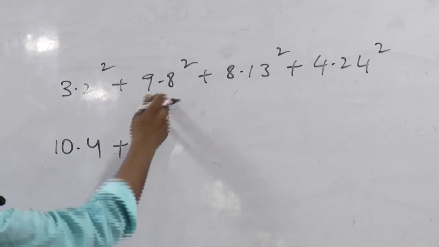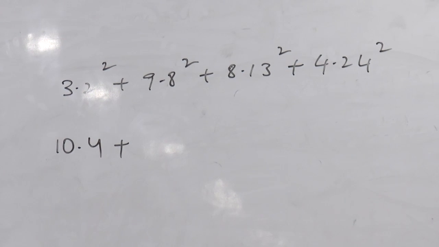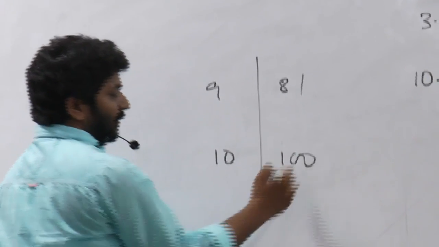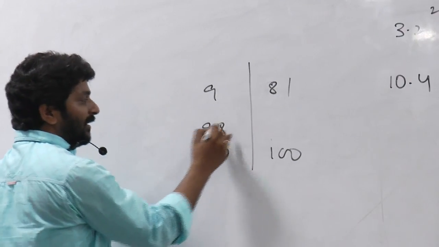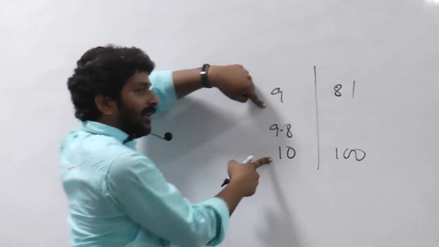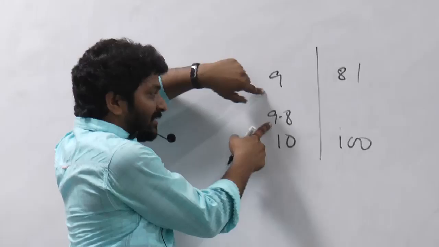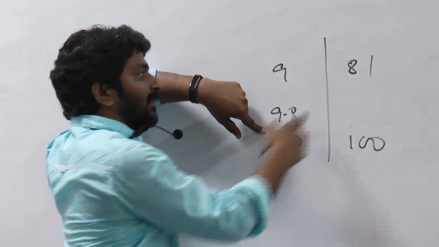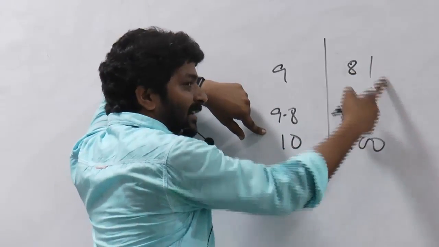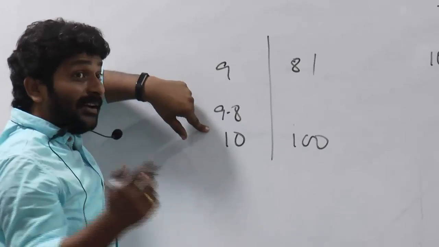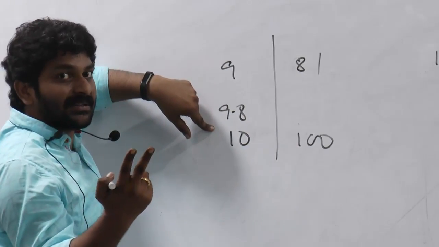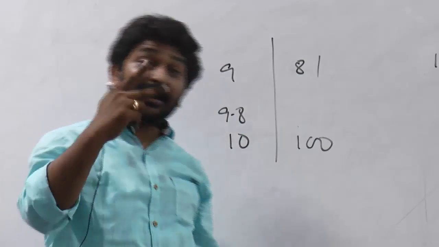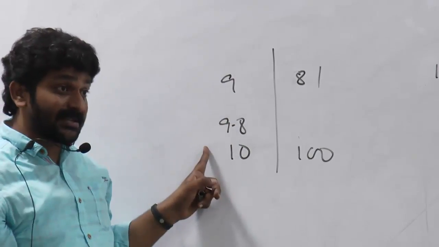9.8, very close to 10. 10 square is 100. 9 square is 81. You have 9.8 here. In between 9 and 10, if you make 10 parts, this is 2 parts less than this. The difference between these two numbers is 19. 19 is divided into 10 parts.